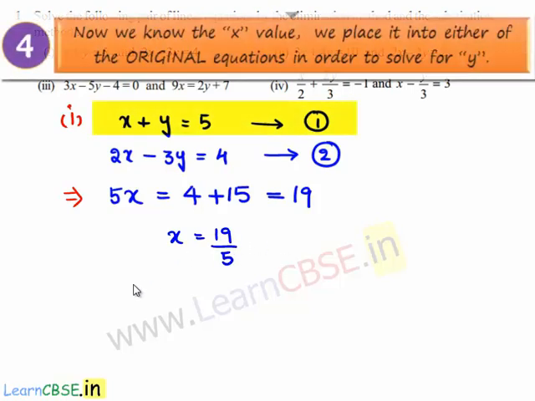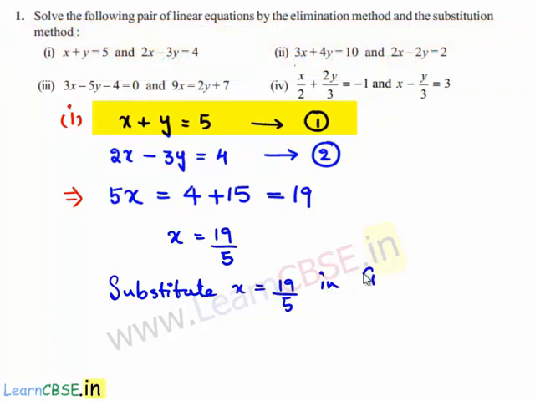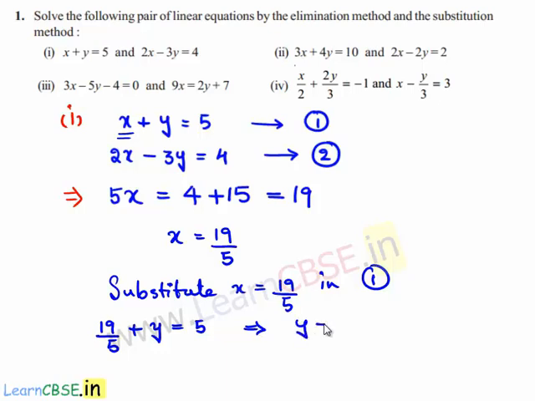So let us substitute the value of x in equation number 1. Substitute x is equal to 19 by 5 in equation number 1. That is, in place of x we can write 19 by 5 plus y is equal to 5. This implies y is equal to 5 minus 19 by 5.